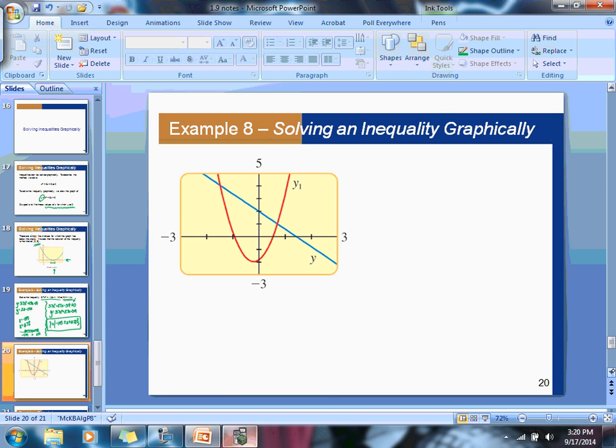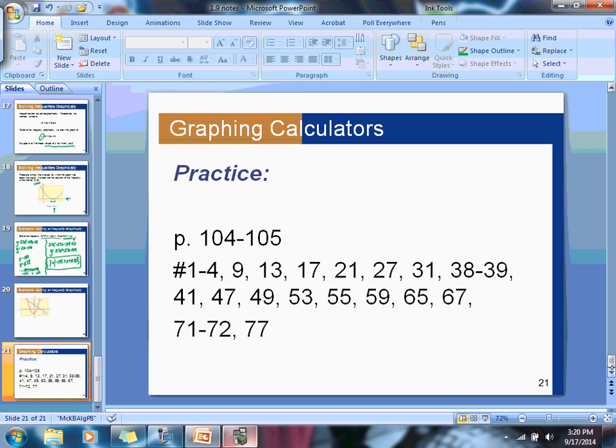So hopefully this was a good review for you of some of the capabilities that your graphing calculator has. Remember, our two most important features are probably the intersect and the 0. You can even write those down. Intersect and then 0. Those two features are in the calculate menu in your calculator.